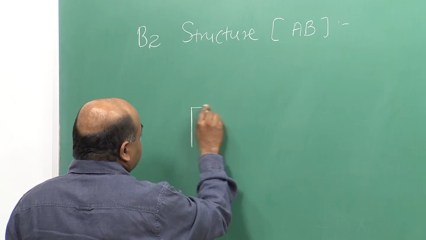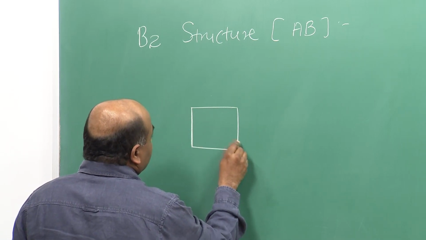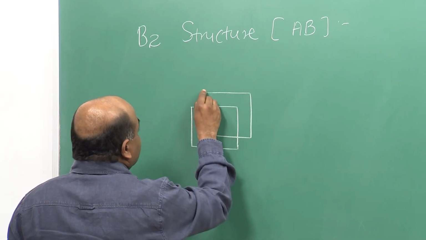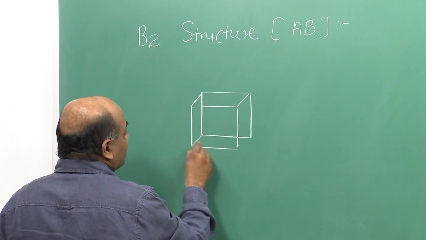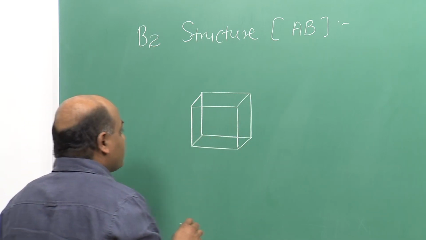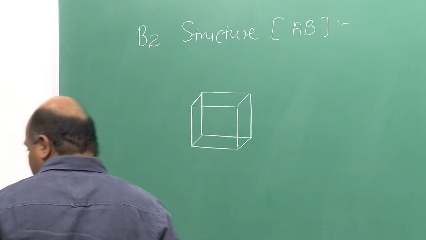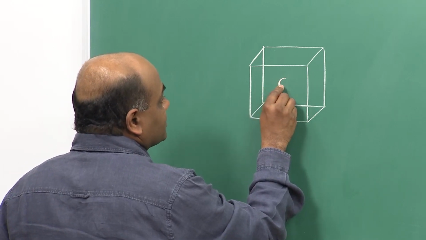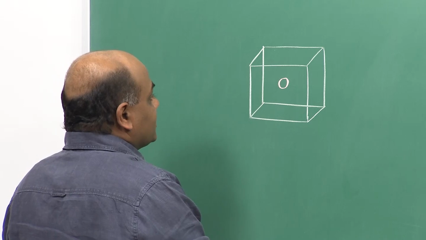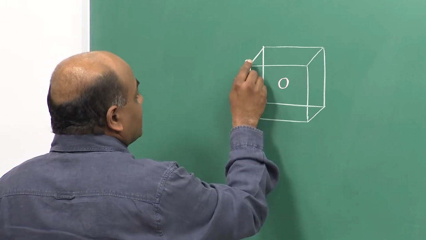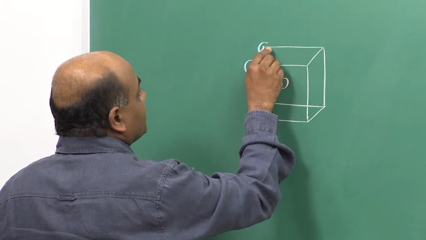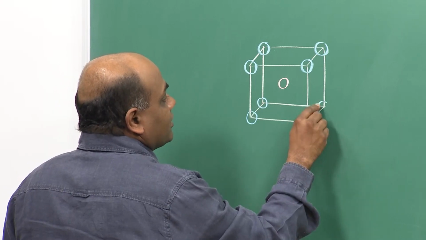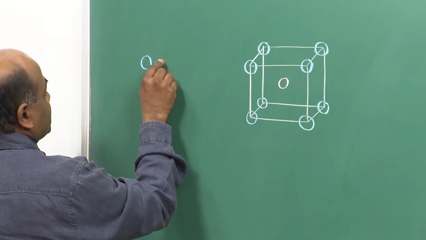If we draw a single cubic cell, it resembles a BCC unit cell with all the corner sites occupied by one type of atom and the body center occupied by the other type of atom. So, in this case I am denoting type A atom, which is located at the body center, with this red color, and the blue color on the corners are the type B atoms.